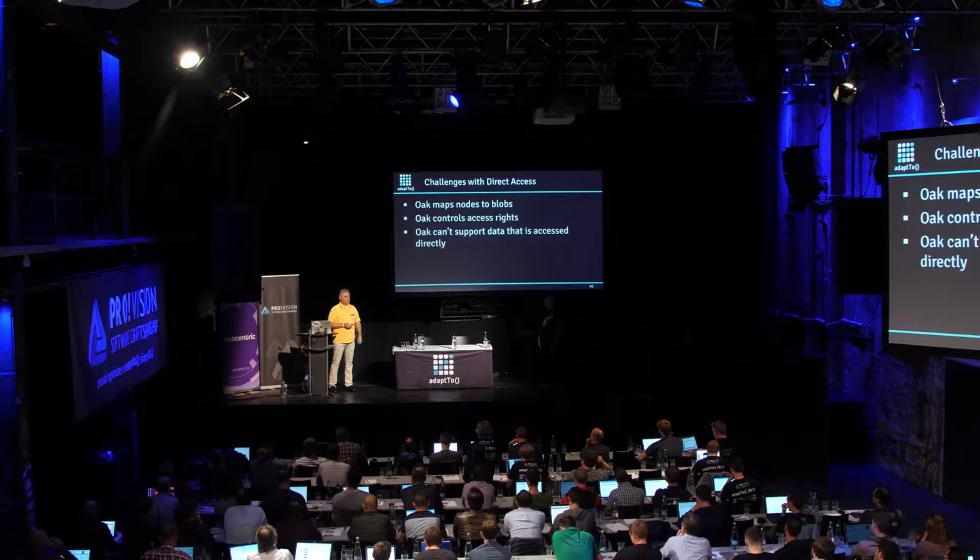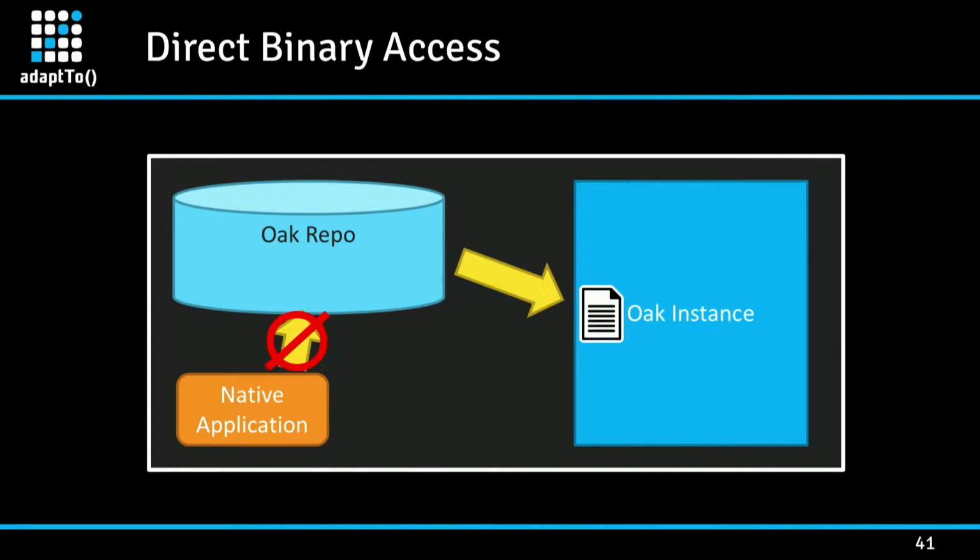And then the other has to do with just simply supporting it. If the data is being changed out from underneath Oak, it's very difficult for us to claim that we can support what's going on with the data and that it's not getting corrupted. So we don't allow this. Instead, this native application is going to have to ask Oak for this binary, which will be downloaded and then brought right back to the file system where it already was, so that this can be modified.